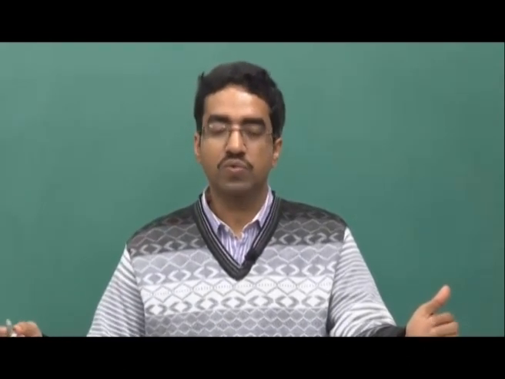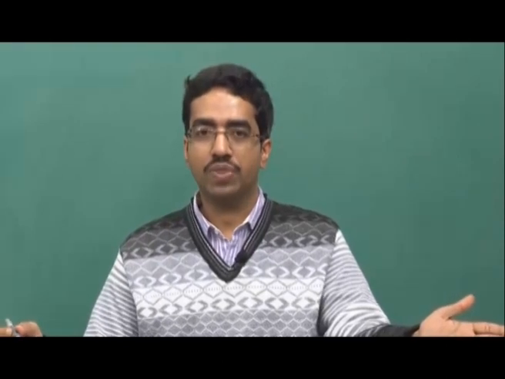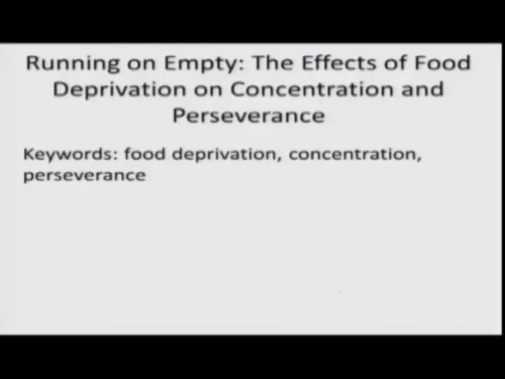Now let us look at an example. We saw this abstract, Running on Empty: The Effects of Food Deprivation on Concentration and Perseverance. Just using the title, the following could be your keywords: food deprivation, concentration, perseverance.